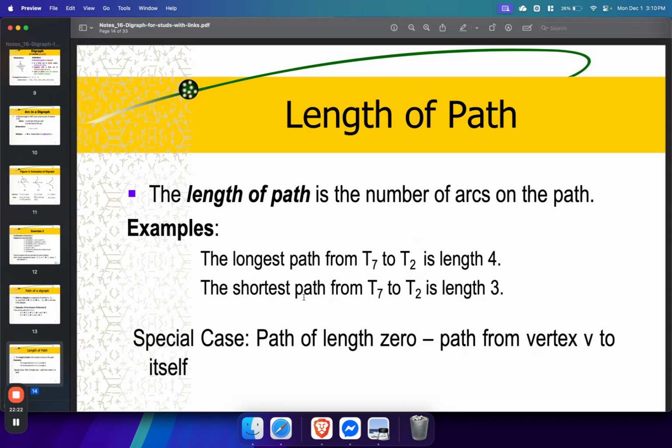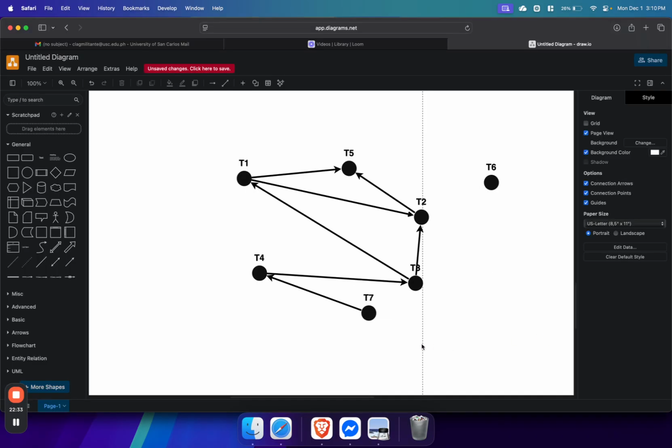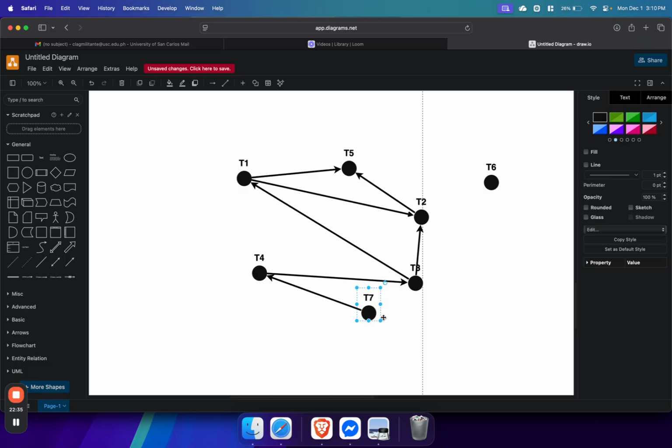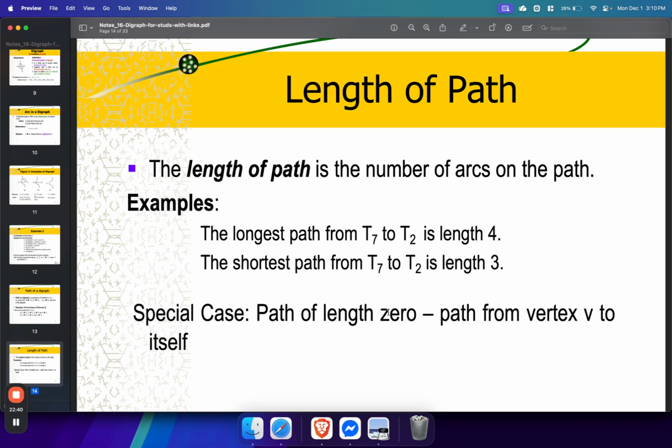So, the lengths of the paths are 4 and 3. There is a special case which is the path of length 0, which is the path from the vertex to itself. So there is a path from T7 to itself, and the path length is 0.